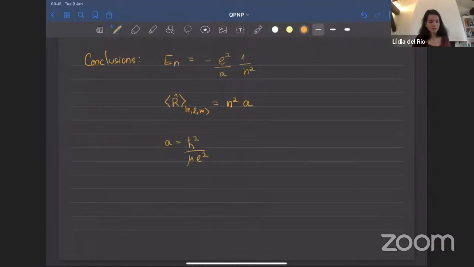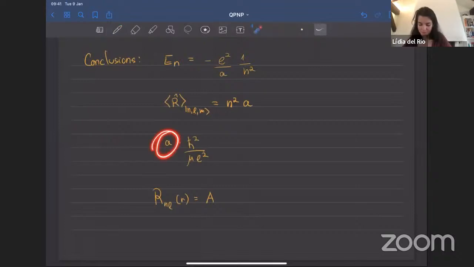And maybe I'll just write one more thing that we have not done explicitly, but that the expressions for the radial components naturally should depend on this A, right? Because we just saw that on average they should be A times n squared.